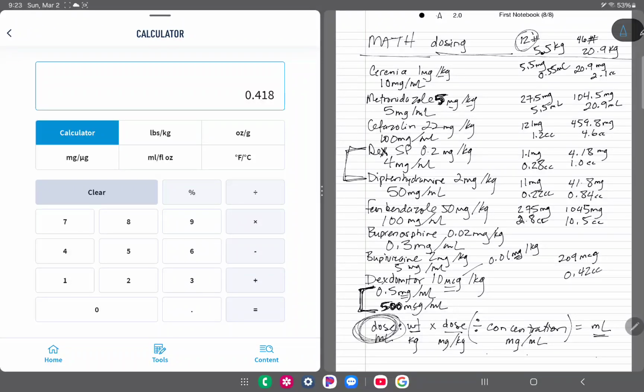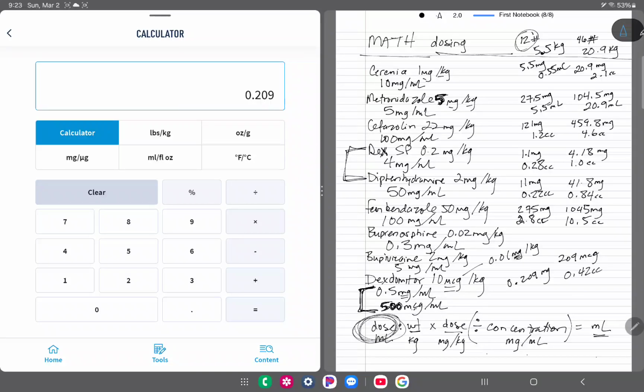Now, if I'm going to do it the other way, I'm going to convert to migs first and stick with migs, which is already on the bottle. 20.9 times dose, which for this one is 0.01 mig per kg, is 0.209 mig.